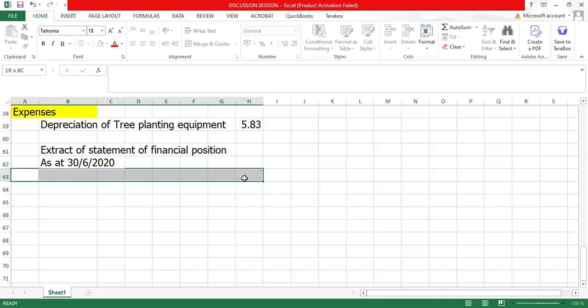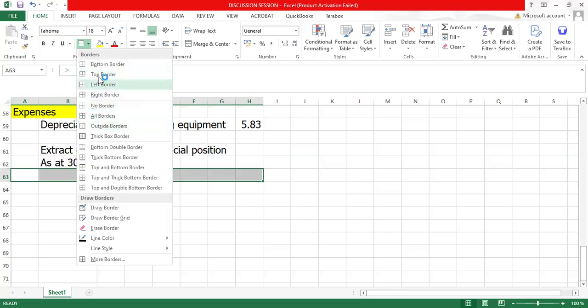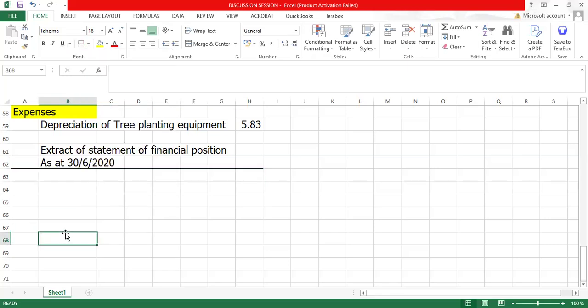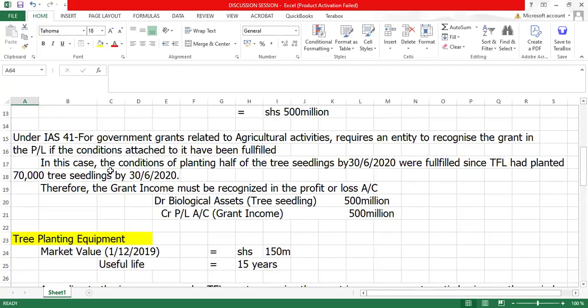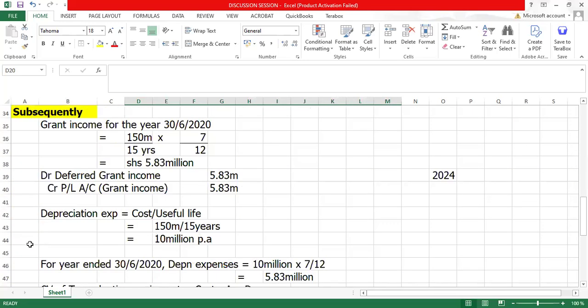So what should appear in your balance sheet? From the information you have from your transactions, first you have a biological asset, tree seedling.